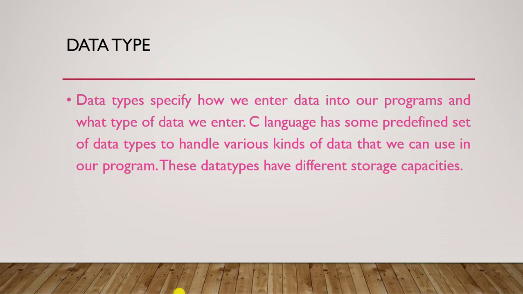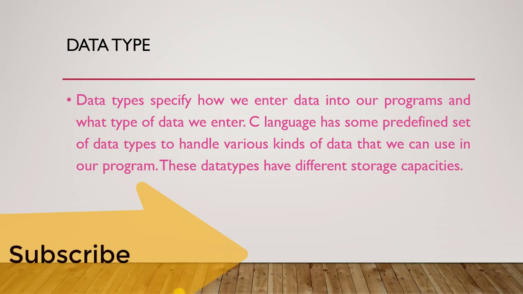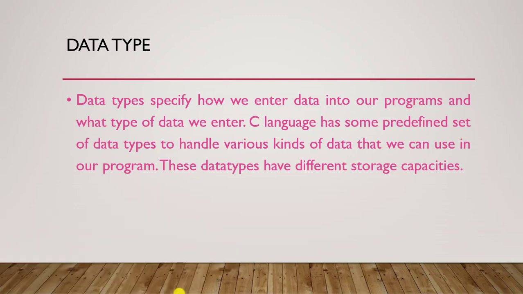Storage capacity is nothing but, for instance, if you want to store integer data, how many bytes are required in memory for us to store that integer data. If it is a character or a float or double, each type of data has a different storage capacity. We are going to discuss everything in detail.